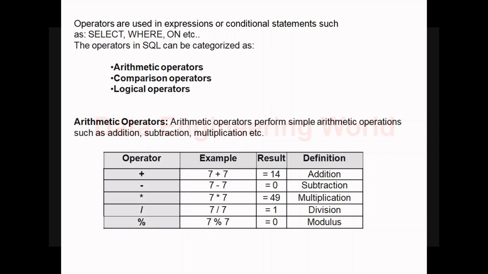For example, as mentioned here, if we perform the modulus on two numbers, 7 modulus 7, we get the remainder 0. Whereas if we perform the modulus on 7 modulus 5, we get the remainder as 2.